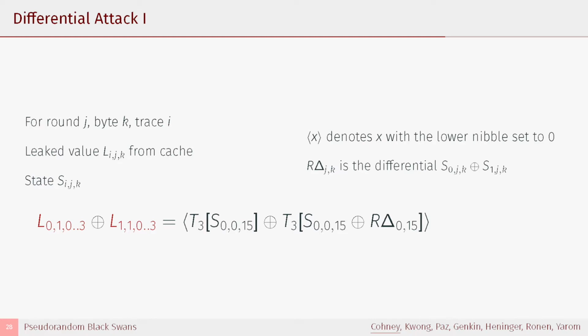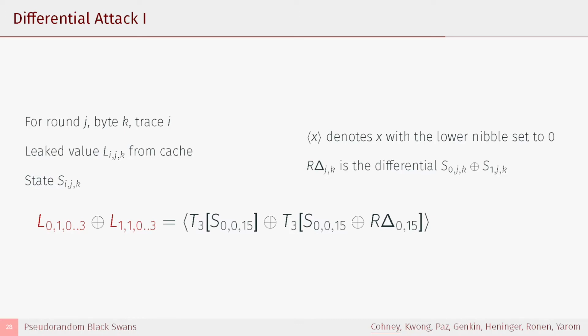Because the differential we're interested in concerns the last byte of the first round, we're going to look exclusively at that byte of the state. This is depicted on the right-hand side of the equation, where the 15th state byte of the 0th round is used to index into the T table.